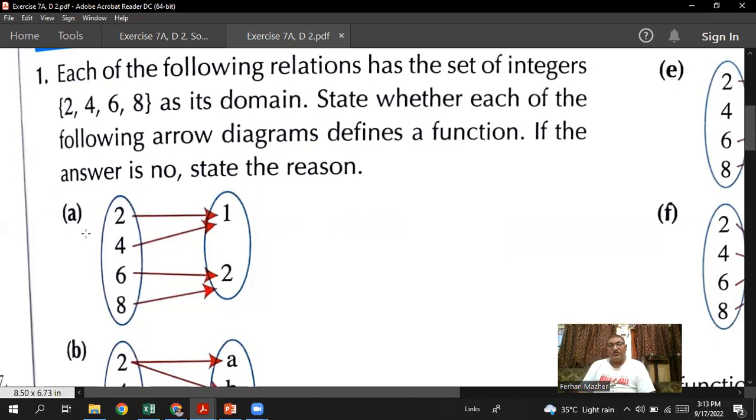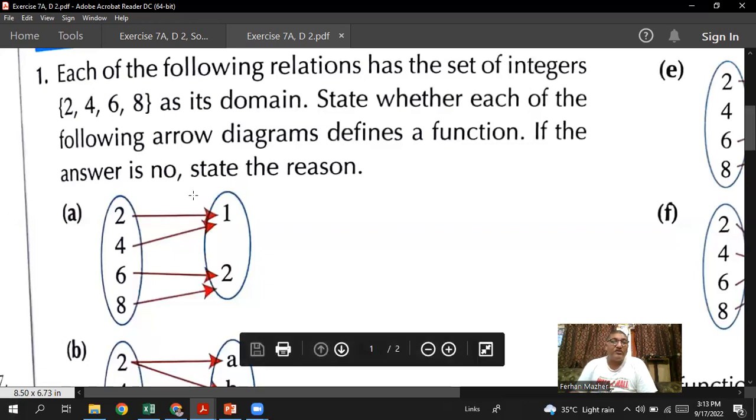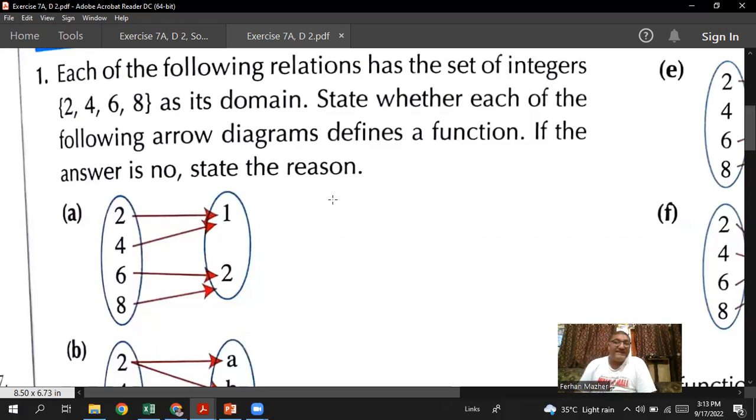Range is also called image. So every member of the domain should have an image, and one domain member cannot have more than one image. Two members of the domain can have the same image.